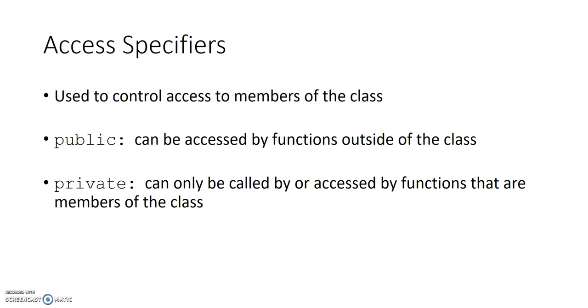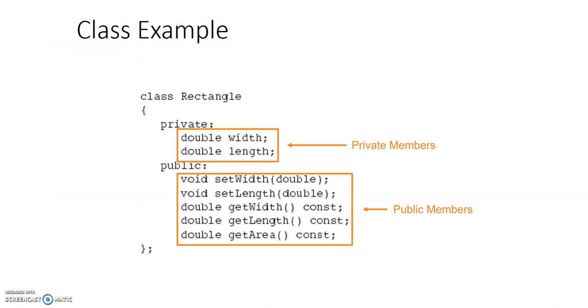And so like when you call on the math class to get the pow function, it is a public function, and that's why you are allowed to access it. All right. If it were private, you would not be allowed to access it directly like we do in a math expression. So again, as I described earlier, the private members of the class and then the public members of the class.